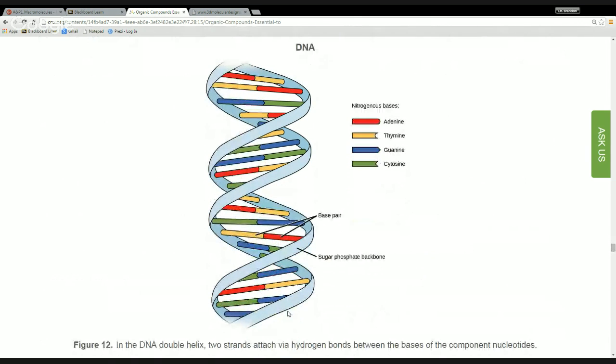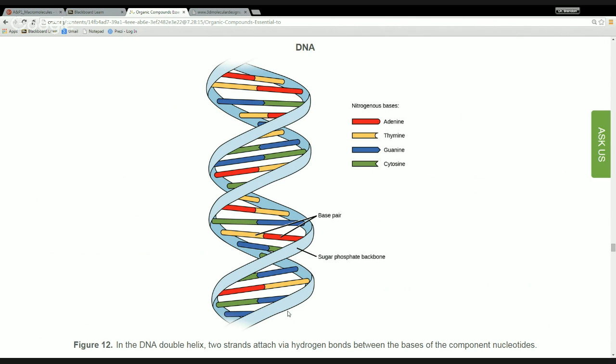This is a schematic representation of what a DNA molecule looks like. It's a double-stranded or double helix molecule. A helix is a corkscrew shape, so there's sort of two ribbons that are corkscrewed around each other.